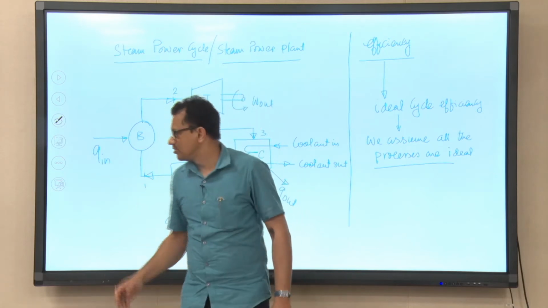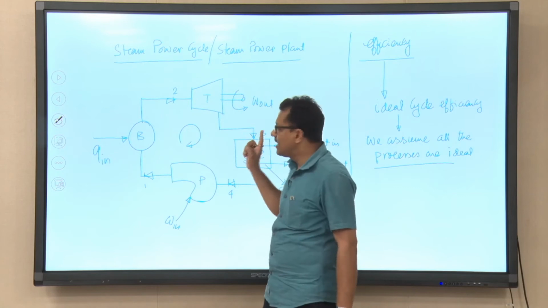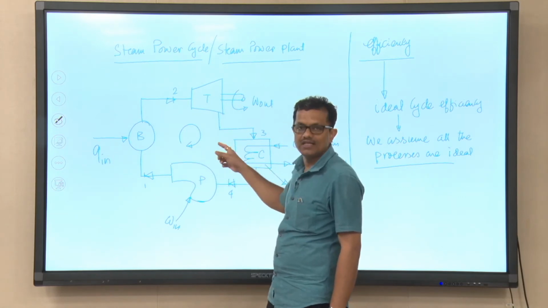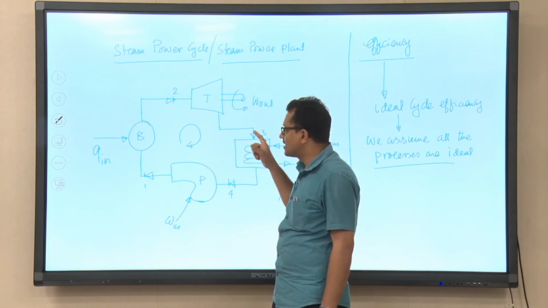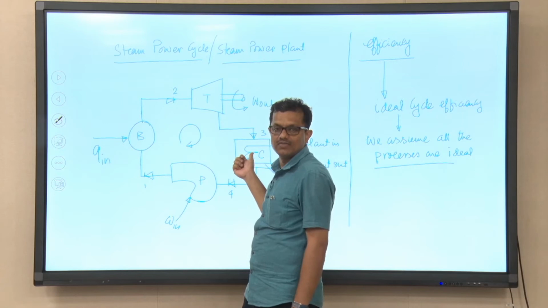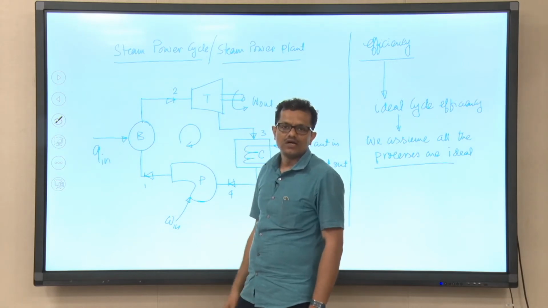Though to calculate the efficiency of the plant we assume all the processes are ideal, that is, the pumping process is ideal, boiling inside the boiler is ideal, expansion of the steam inside the turbine is ideal, and finally condensation of the vapor is also an ideal process.